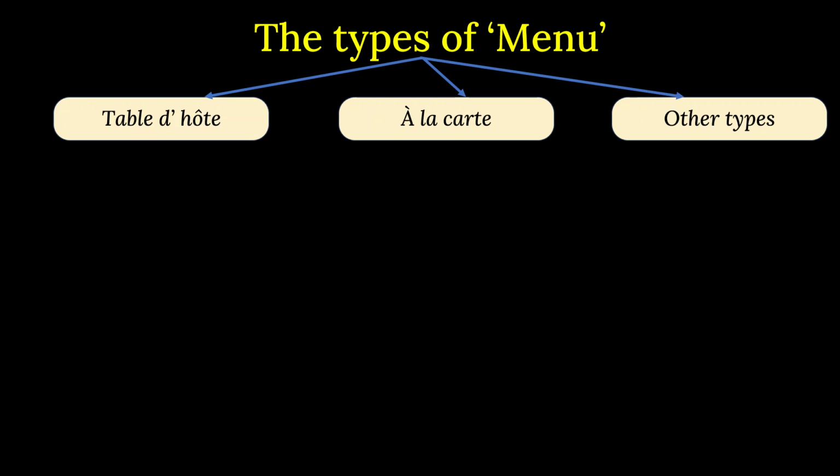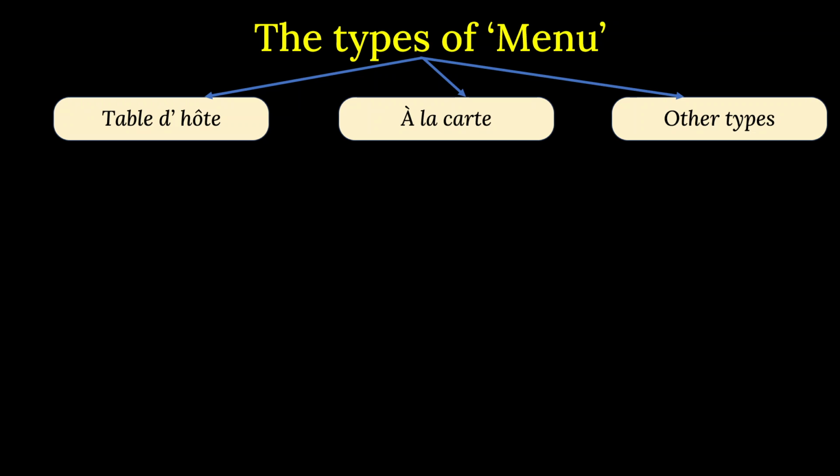Second is a la carte, and third is other types. These are three major heads. We'll give you the sub menus on these, and then we'll elaborate on table d'hote and a la carte to get a clearer concept in your mind.